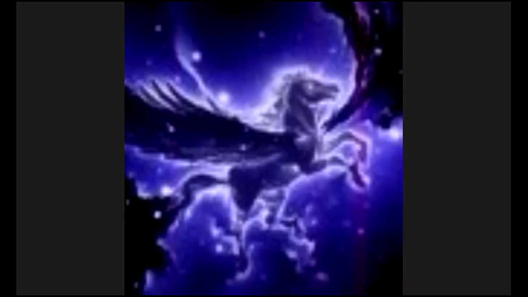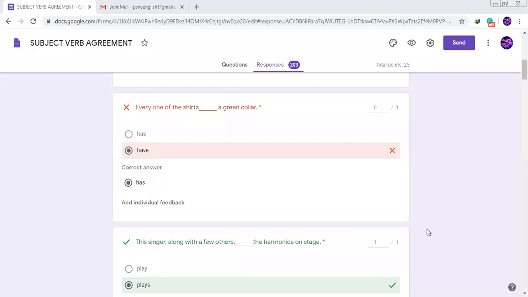Now you look at the test which was conducted on subject verb agreement previously, and this is the answer of a student. Let us quickly discuss the answers based on the rules which we have already described. Every one of the shirts has a green color, has or have?